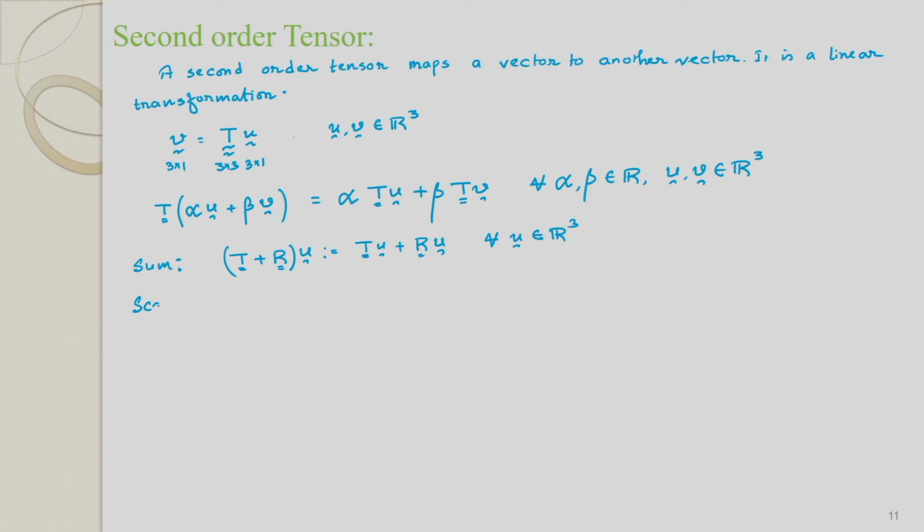Now, by scalar multiple of a second order tensor, we mean the scalar multiple of this vector.